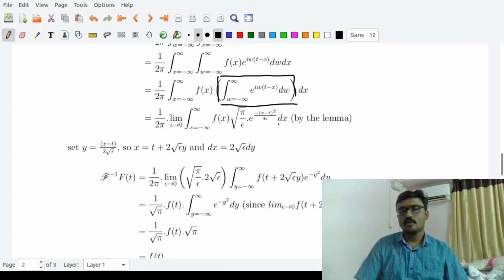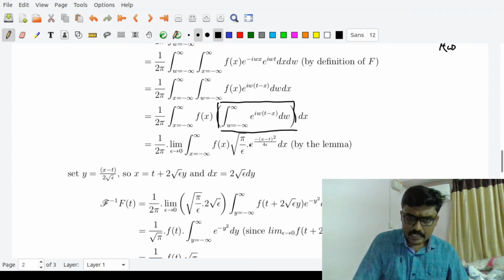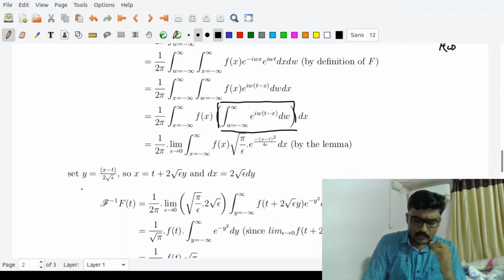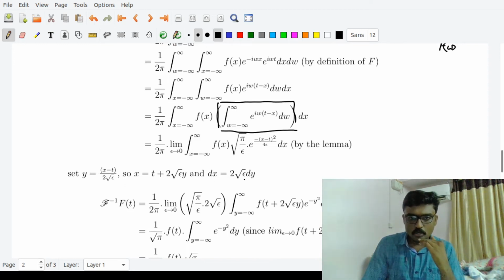Okay, next we take an arbitrary variable y equal to x minus t by 2 root epsilon. So after calculation we get x equal to t plus 2 root epsilon y. After differentiation we get dx equal to 2 root epsilon dy.